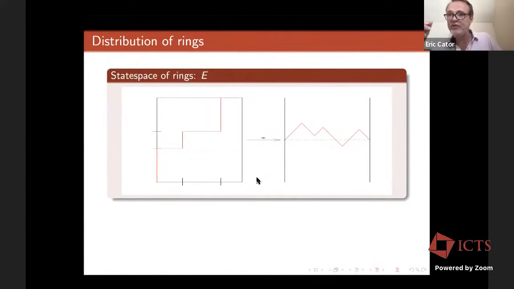For that, I'm going to have to code these rings in some way. And I will use the original state space I had, which is E. So here's E. And E has X coordinates and Y coordinates. So this configuration has 2 X's and 2 Y's, and they're placed here in 0L. And then my path is encoded as follows. I go up to the first X, to the first Y, then to the left, to the first X, up, left, up, and to the right.